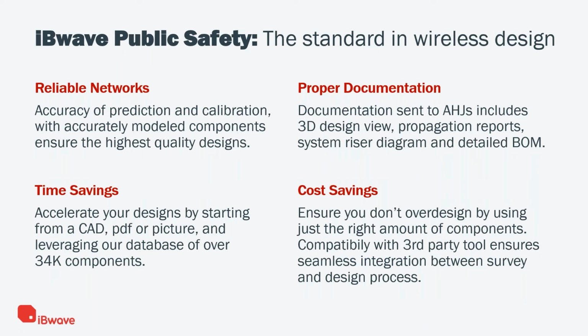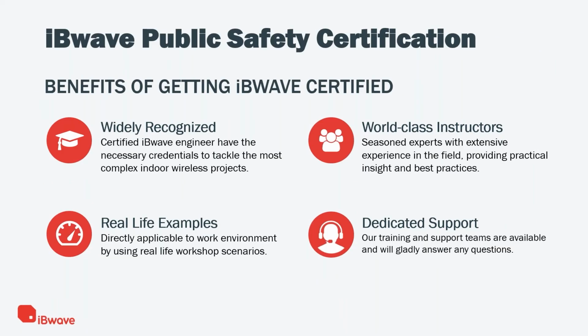We provide documentation, which is very important, right? We mentioned that one of the biggest challenges is submissions being rejected. We do accelerate time savings, cost savings too, because you're making sure you're not over designing, right? We did mention also a way to take components into account and ensure that you're compatible with third-party collection tools.